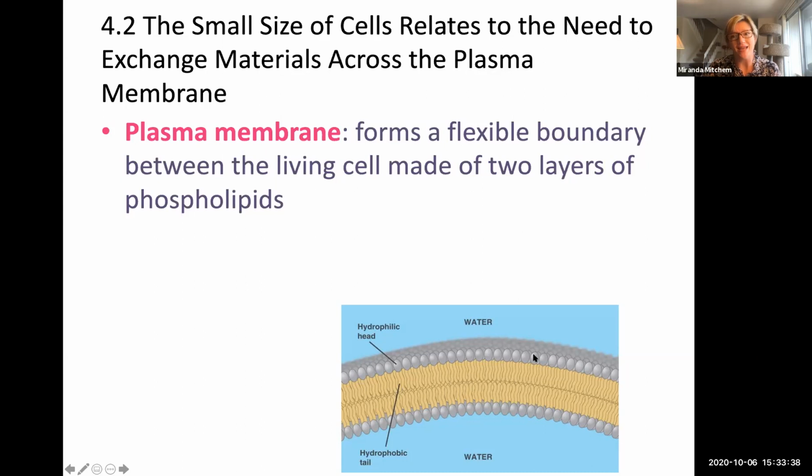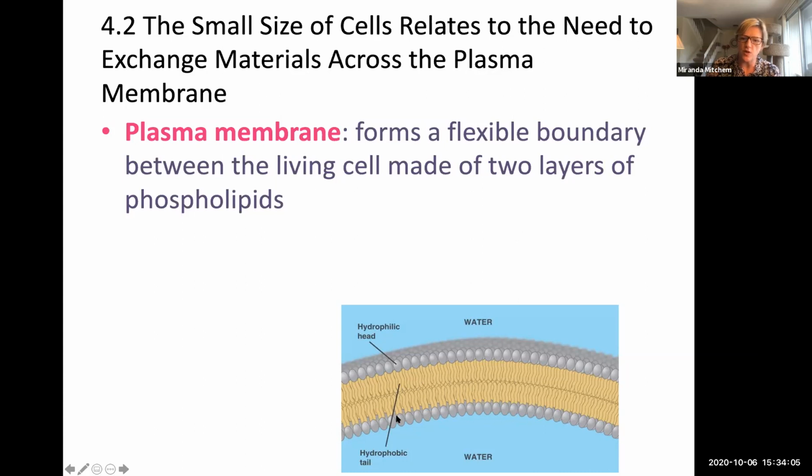It's a bilayer. And you can see that we've got some different sections of it. So the gray heads are water soluble, and they are on either side of that membrane. And that makes sense because the inside of our cells are majority water, but so is our body. So the outside of the cells is a watery environment too.